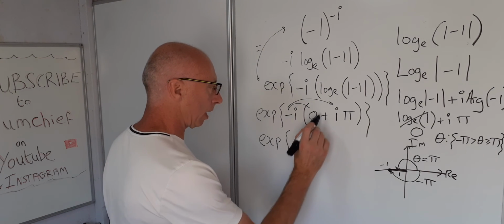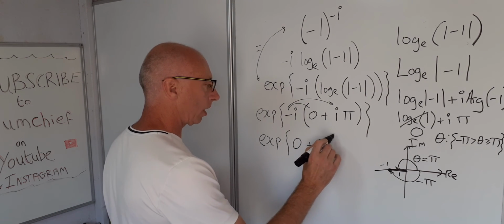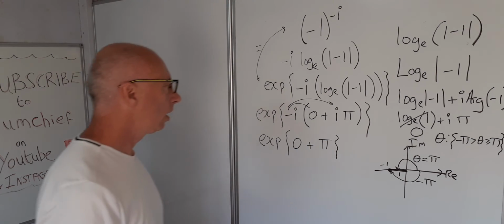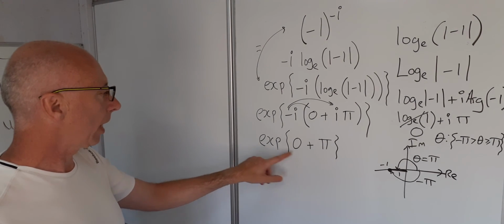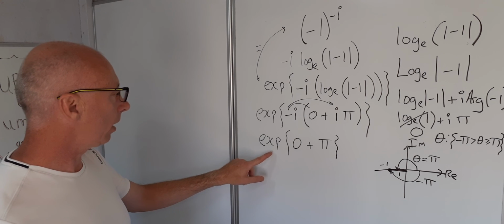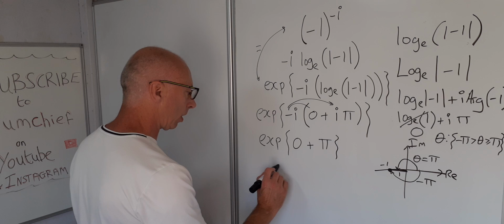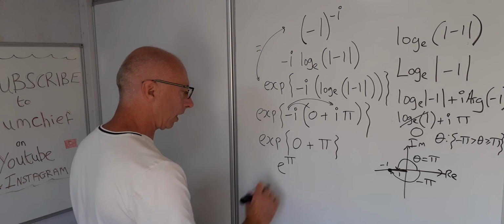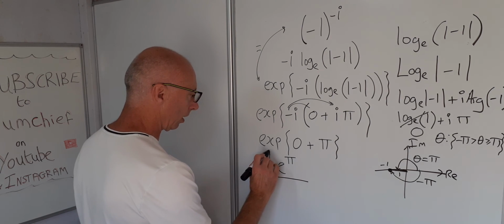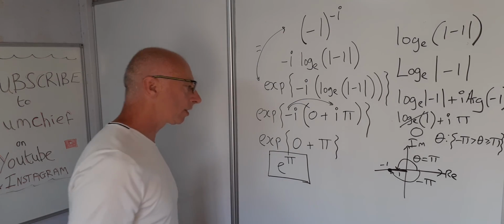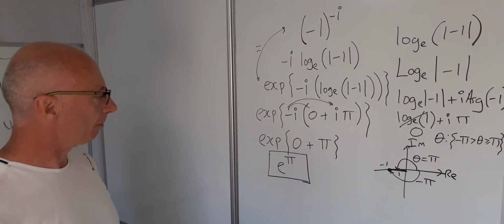So that would just be plus pi. Now we have exponential of 0, that's just cancelled out, but plus pi, so now our answer is e to the pi. And that is our answer to this question.